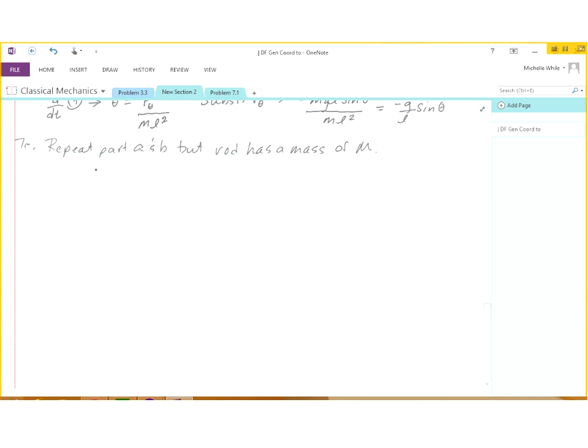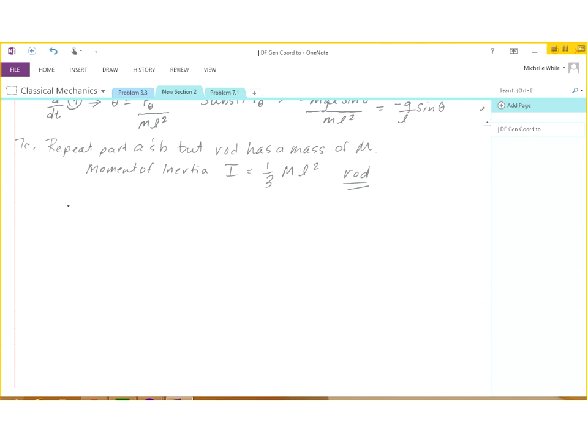So now we need to consider the moment of inertia. And you know, the moments of inertia differ depending on the geometry, and we are given, or you may have to look this up, I'm not sure, that the moment of inertia for a rod is 1/3 the mass times the length squared.